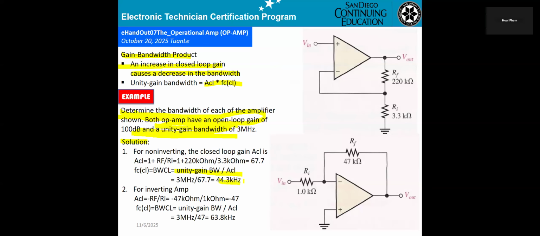Okay? Basically, you don't have to do anything at work. Okay? And for another one, non-inverting, you then have to calculate ACL. And FC equals unity gain bandwidth divided by ACL. Okay?